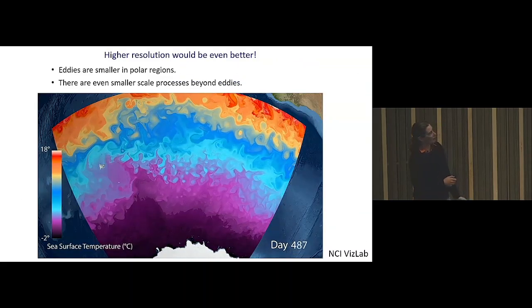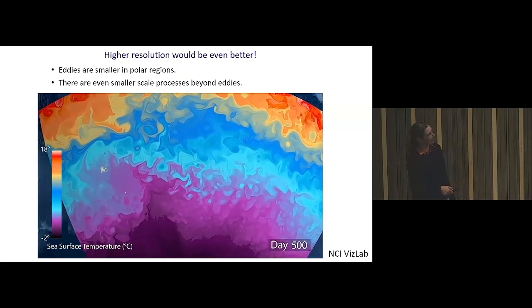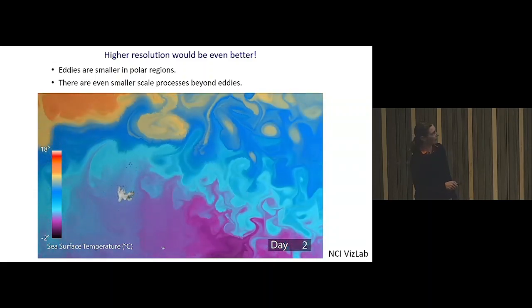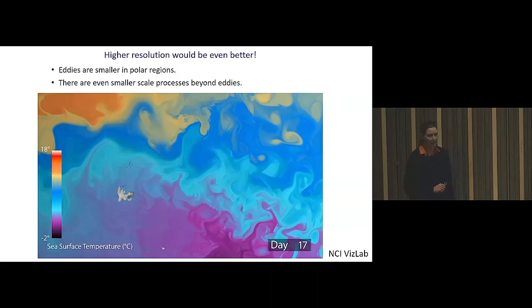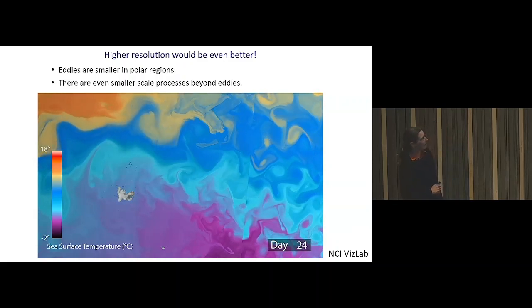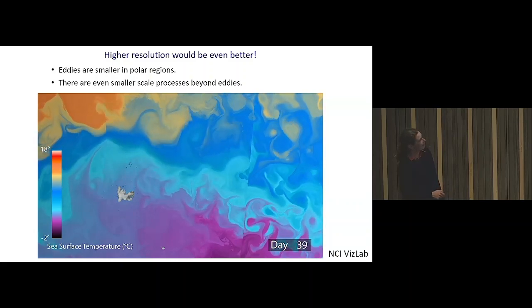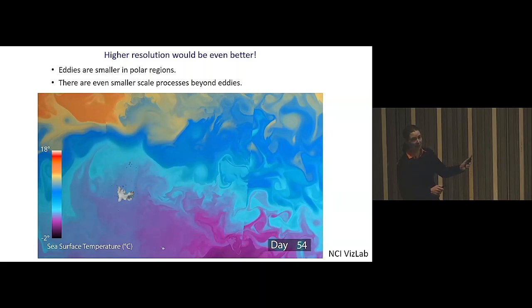And this is just to show a small regional simulation in the Southern Ocean. This is Australia here, Antarctica. This is zooming onto the Kerguelen Plateau. This simulation was thanks to the NCI VisLab and some other scientists who ran the simulations. What this is showing, on the outside here, you're seeing a 1/20th degree simulation, so much higher than the one I was just talking about.